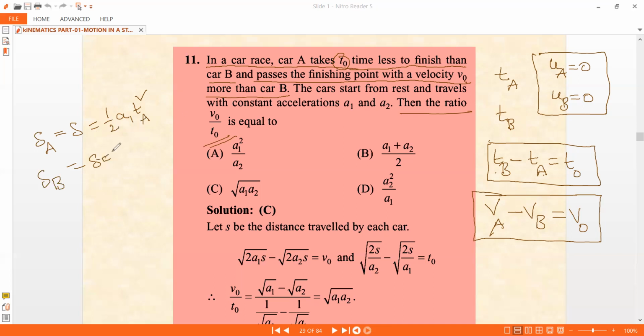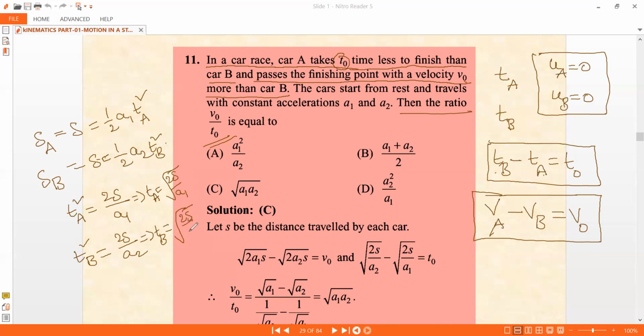Similarly, the same displacement is half A2 TB square for car B. So I get TA square equal to 2S by A1 and TB square equal to 2S by A2. So TA is square root of 2S by A1 and TB is square root of 2S by A2, where S is the total displacement.